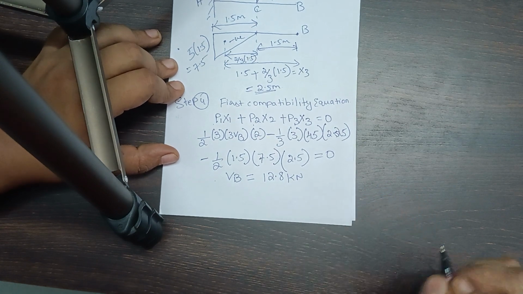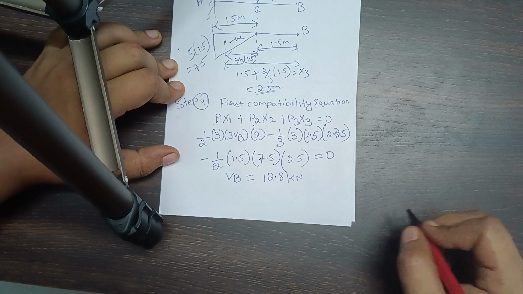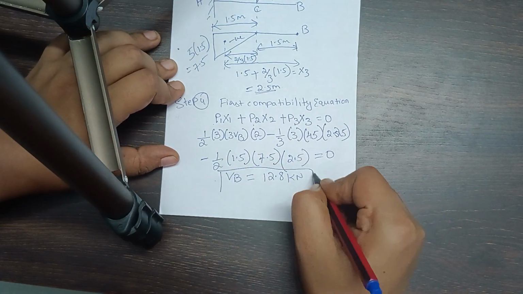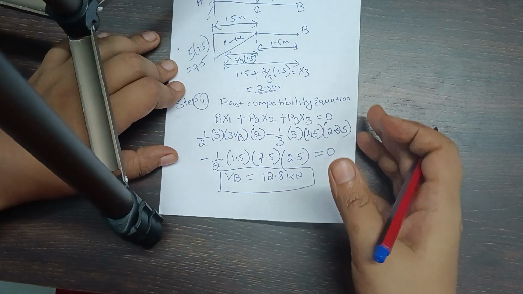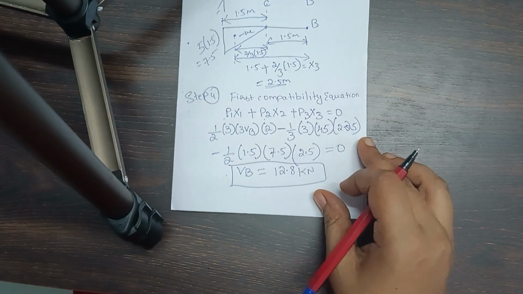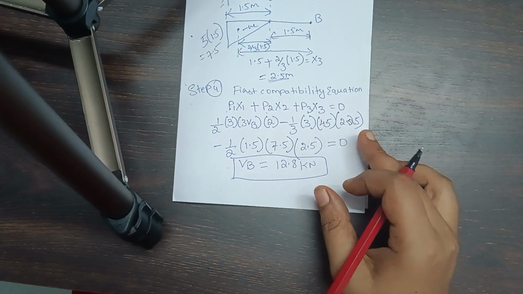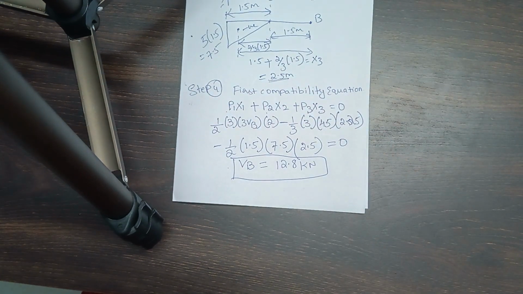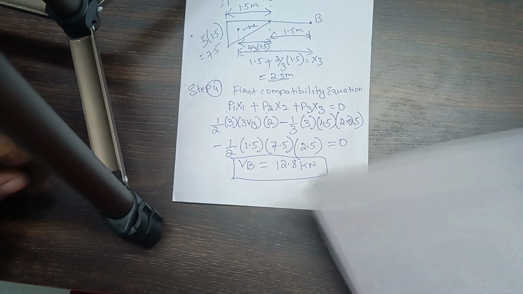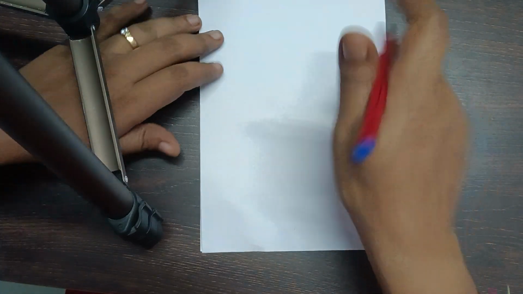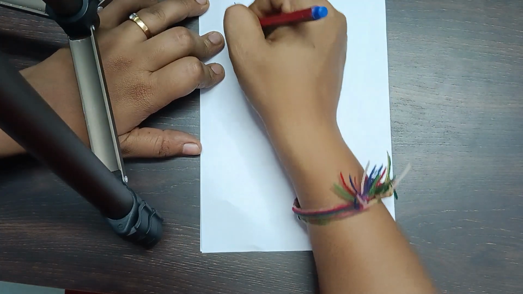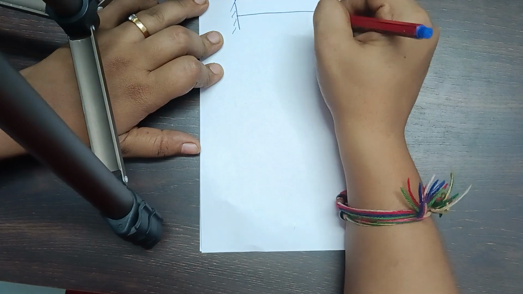Now after getting this VB value, I need to concentrate on the other unknowns, that is VA, and then one more, MA. You can just observe here. This is the proper point of the cantilever.